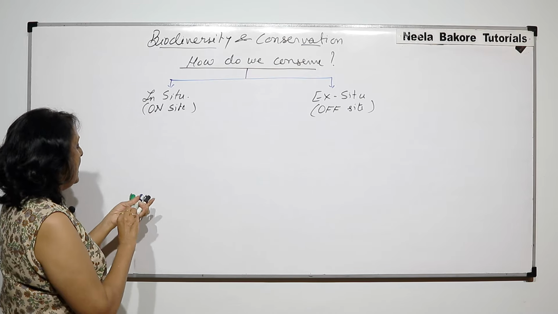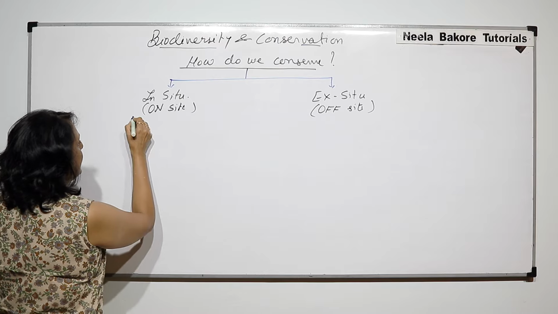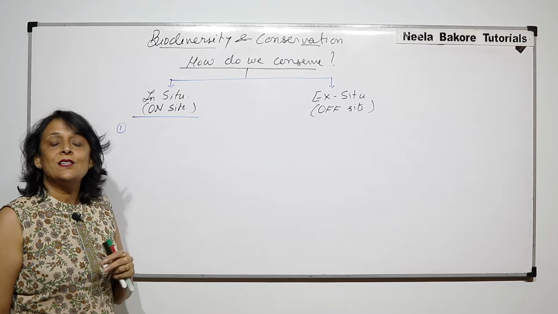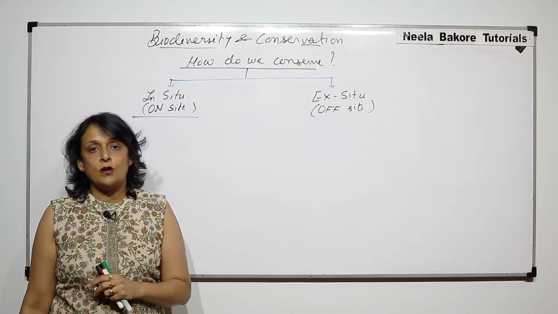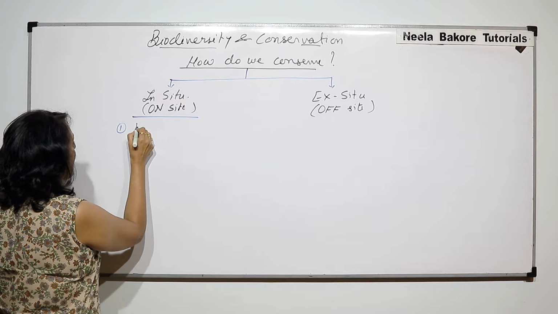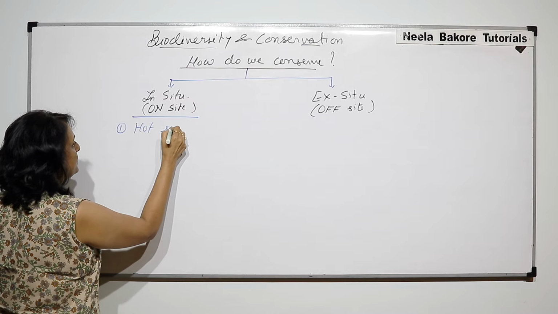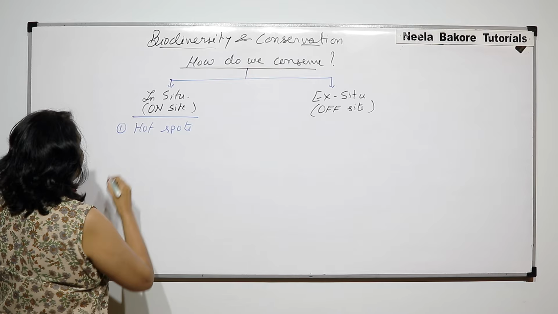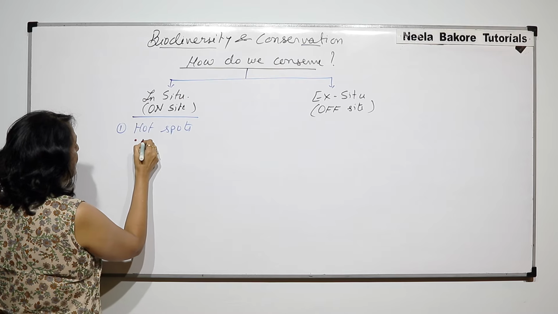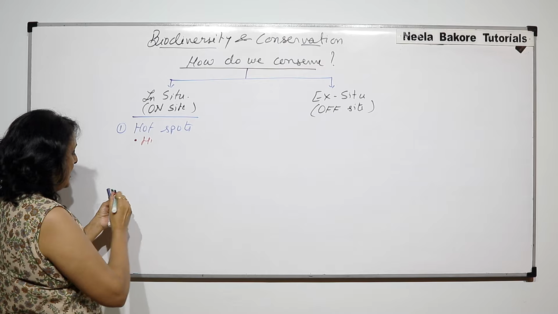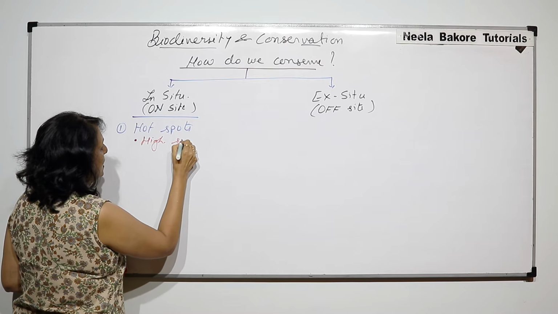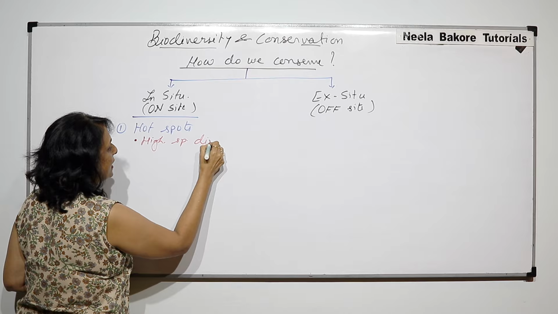Now, in this category, that is in-situ conservation, which are those natural areas which must be conserved? So first are called hotspots. Hotspots are the areas which have high species diversity.